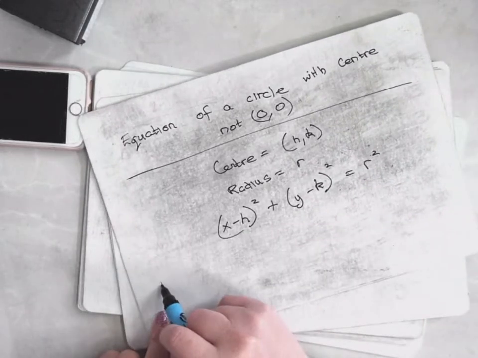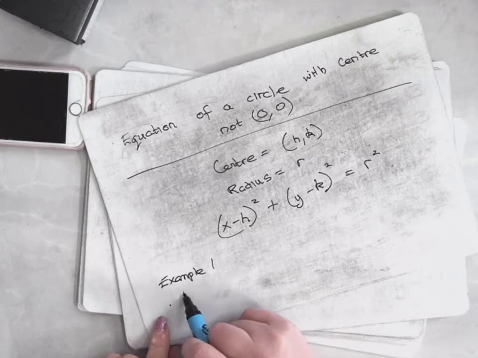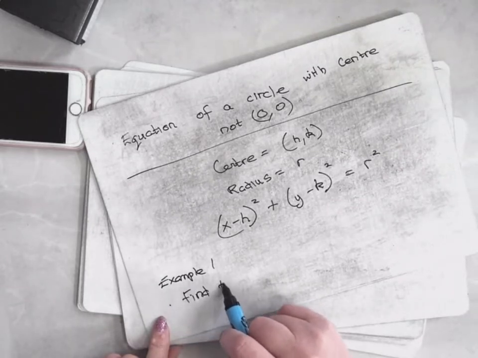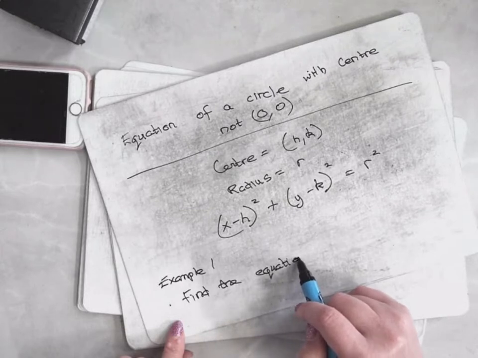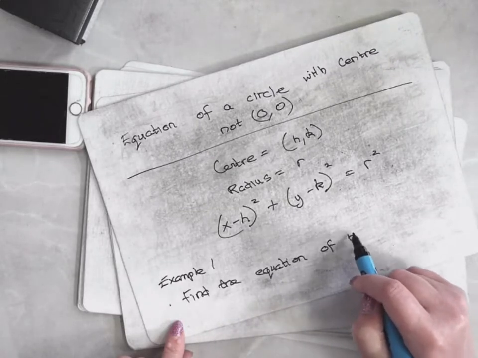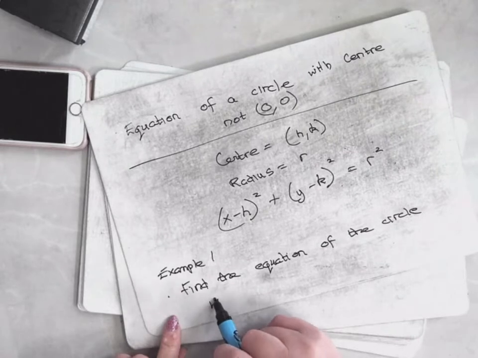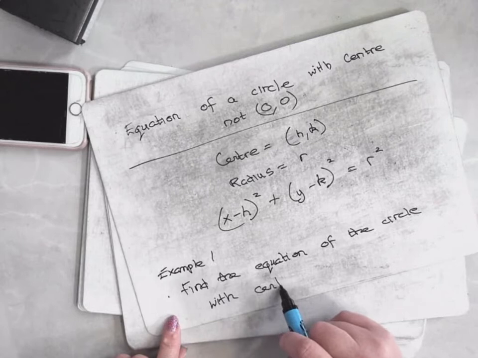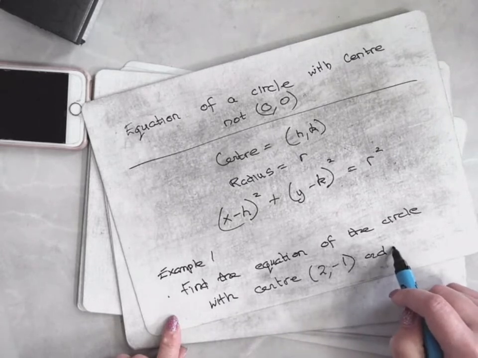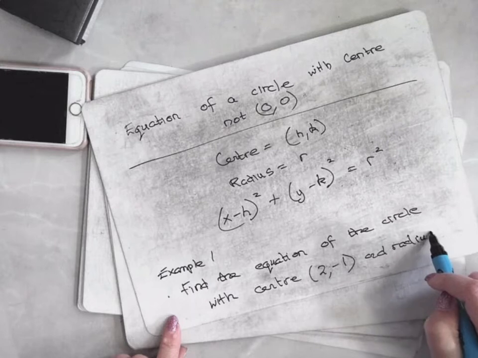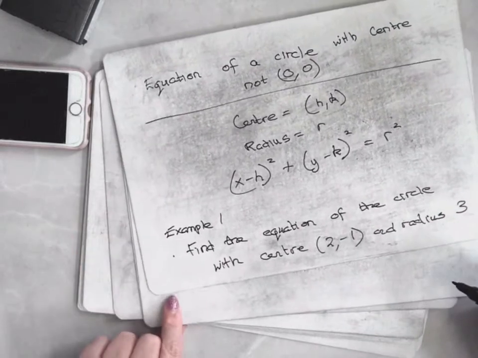Okay, so example 1. Find the equation of the circle with centre (2, minus 1) and a radius of 3.